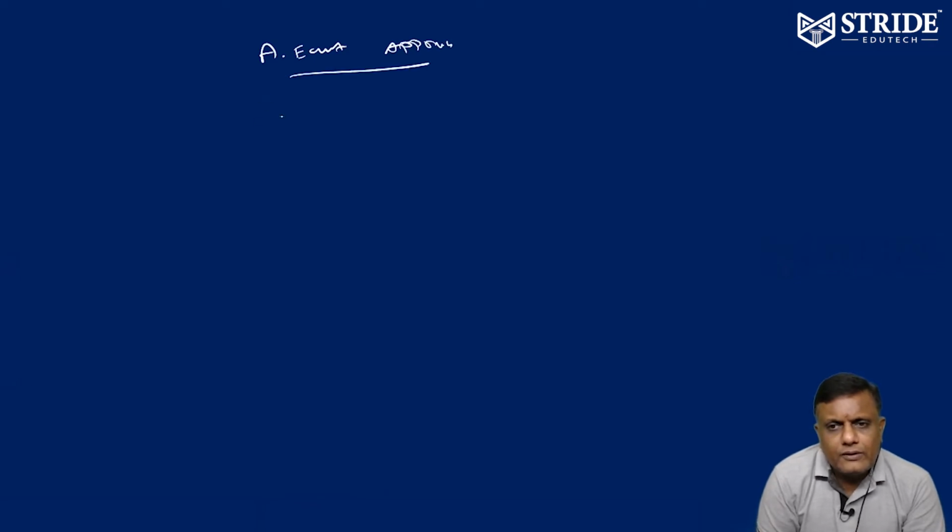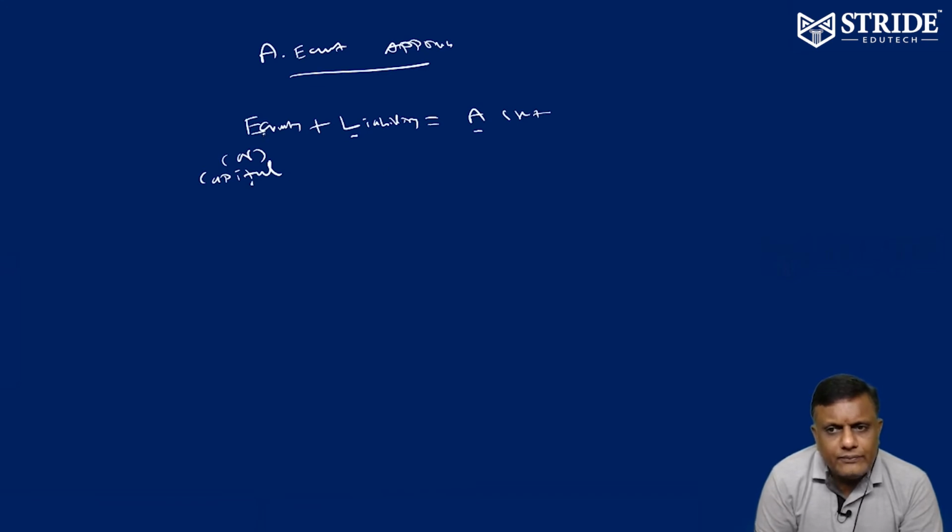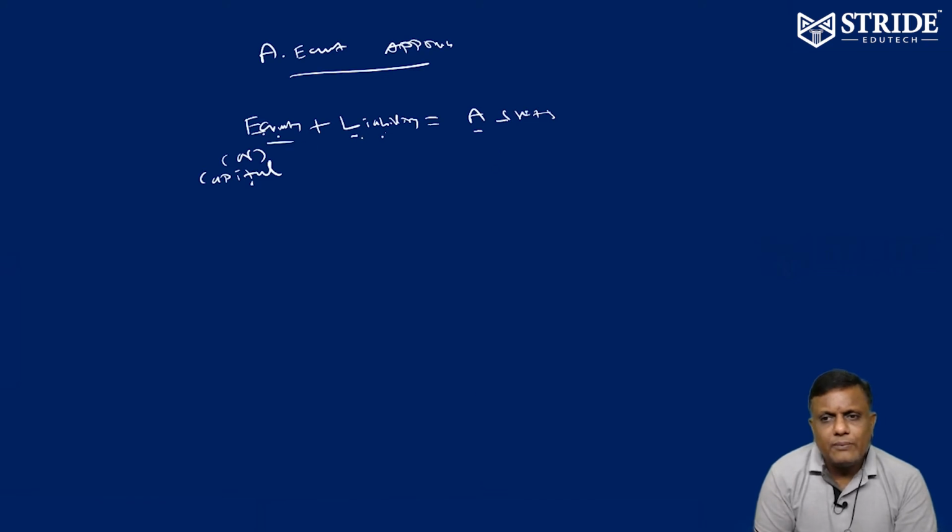Equity plus liability is equal to assets. Equity or capital, both are the same. E means equity, L means liability, A means assets. So capital or equity plus liability is equal to assets. This is called the accounting equation approach.